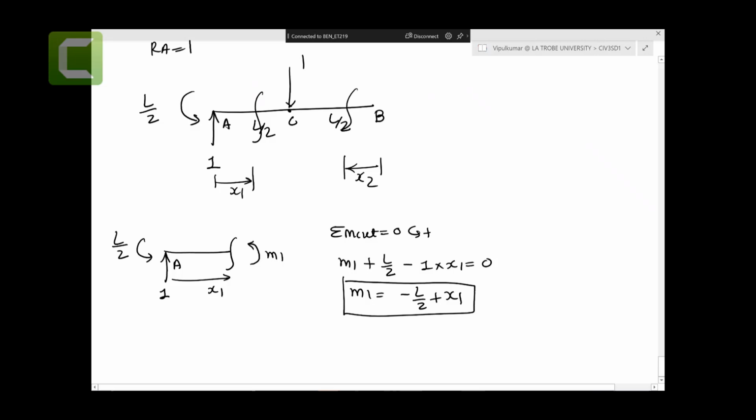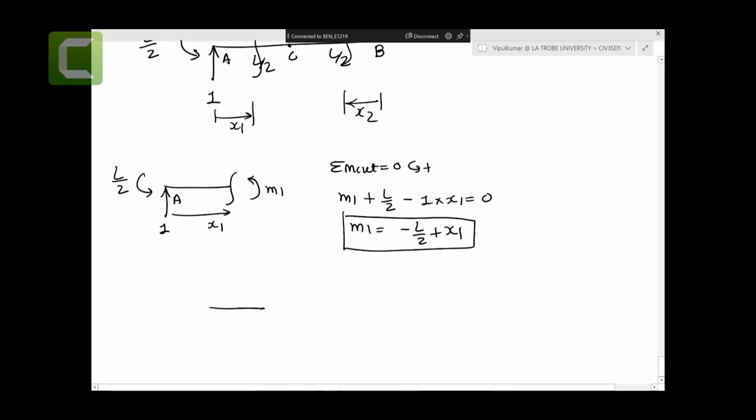I put the square because we might need this in our later equations. And we can make another cut, point B, small m2 at a distance of x2. There is no loading, so m2 would be 0.